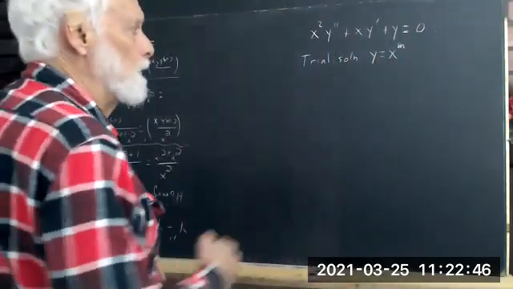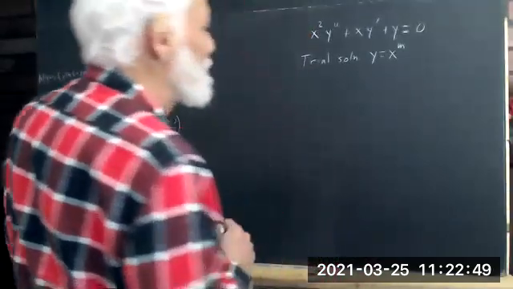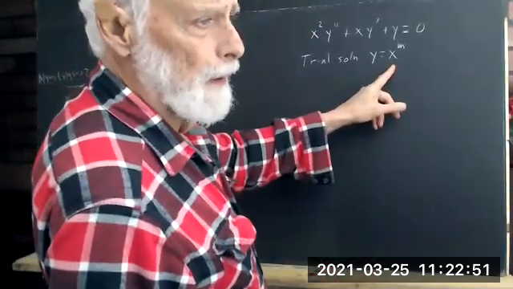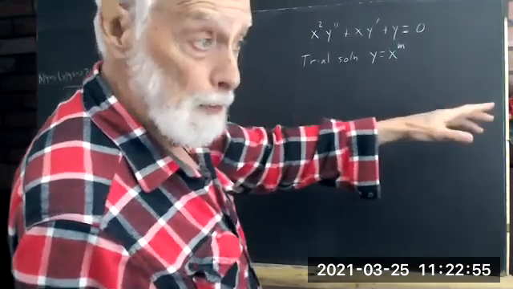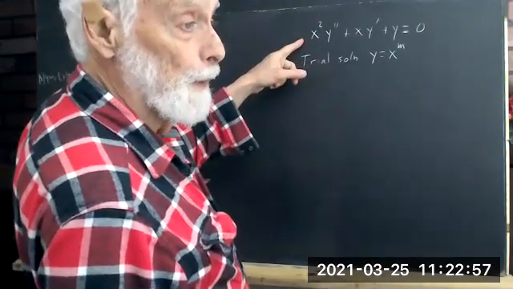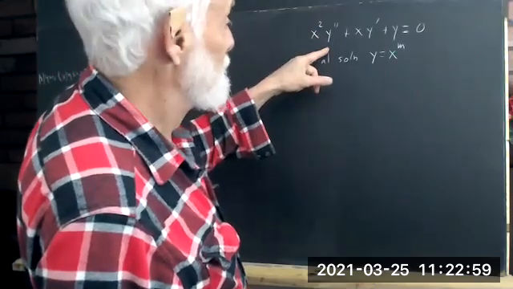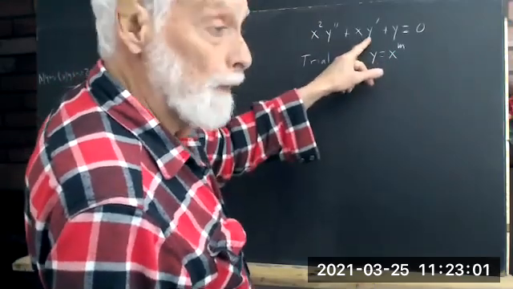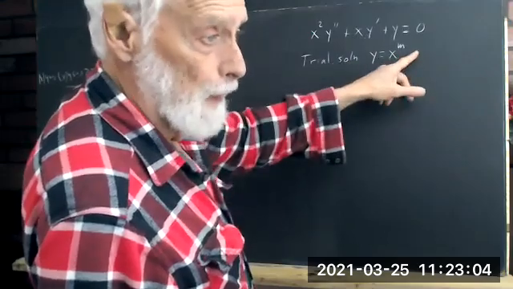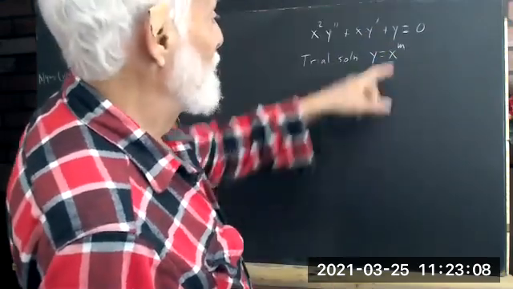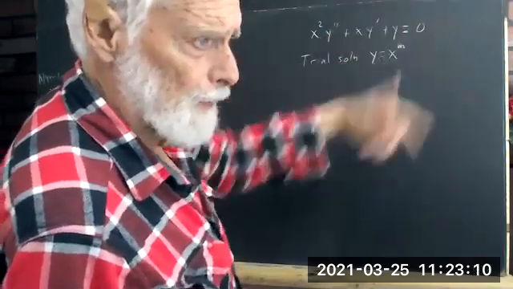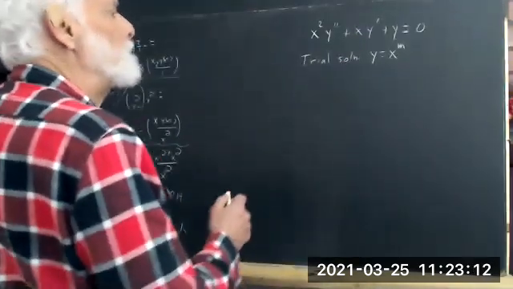And the reason this trial solution works out nicely is when you take 2 derivatives of x to the m, you get x to the m minus 2. And multiply that by x squared, and you get x to the m again. And when you take 1 derivative of x to the m, you get x to the m minus 1, but you multiply that by x, and you get x to the m again. And this one already has x to the m, so everything's going to have an x to the m on it.